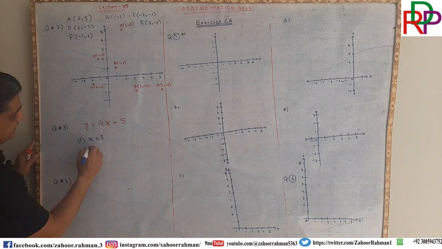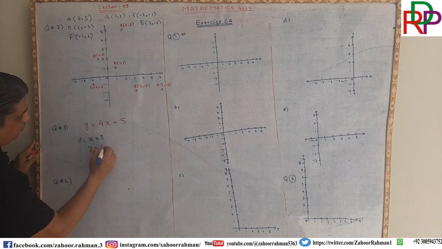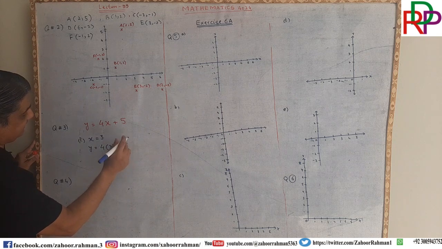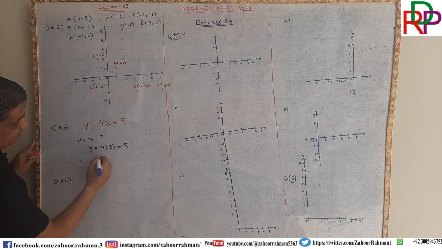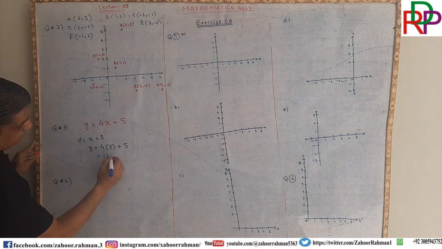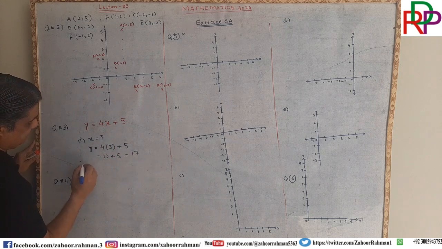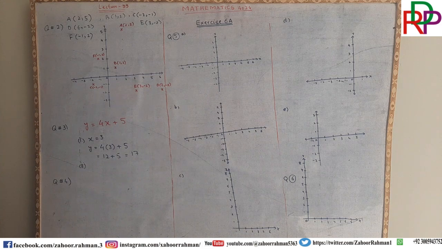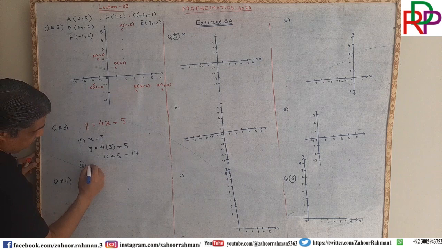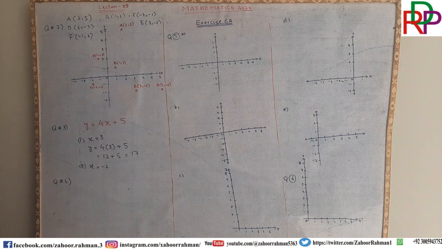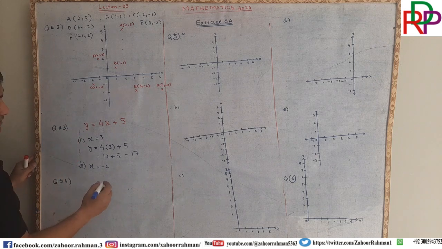So y is equal to 4, and we will put 3 instead of that x. So it will be 12 plus 5, and that will yield 17. The second part is saying that when x is equal to minus 2, you have to find the value of this y.